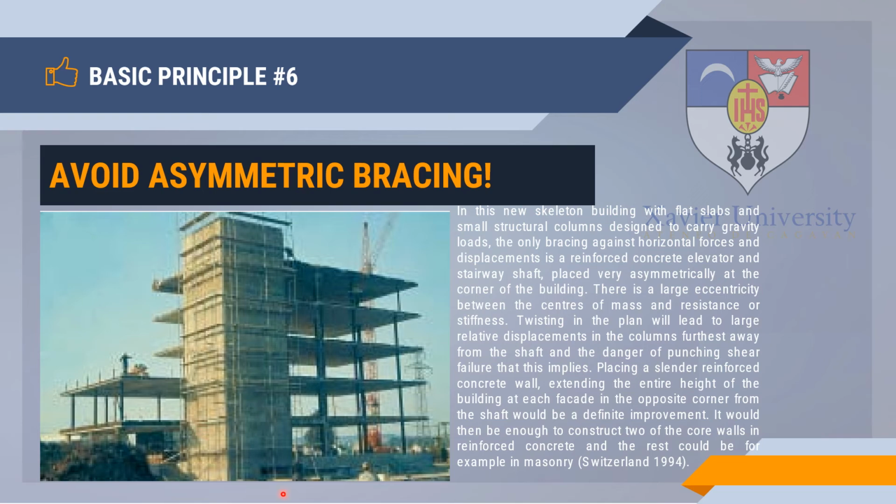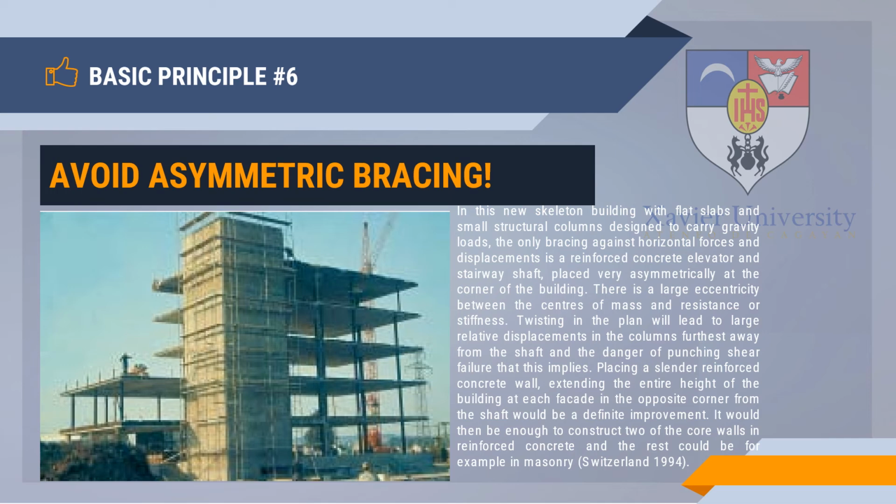So there is a large eccentricity between the centers of mass and resistance or stiffness. So twisting in the plan will lead to large relative displacement in the columns farthest away from the shaft, such as this one, and the danger of punching shear failure that this implies.